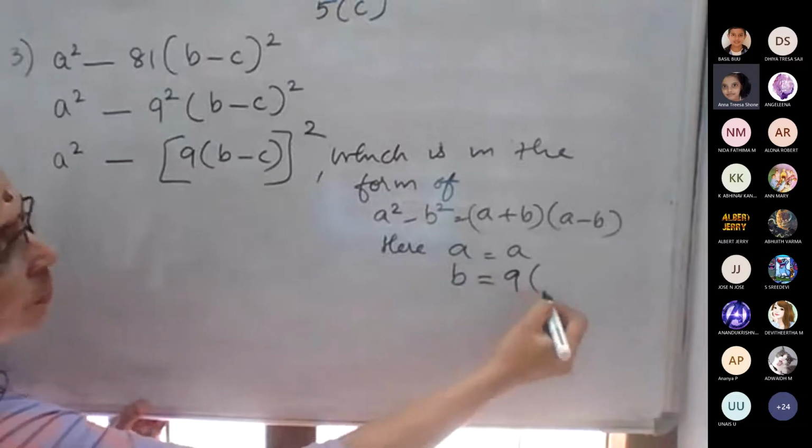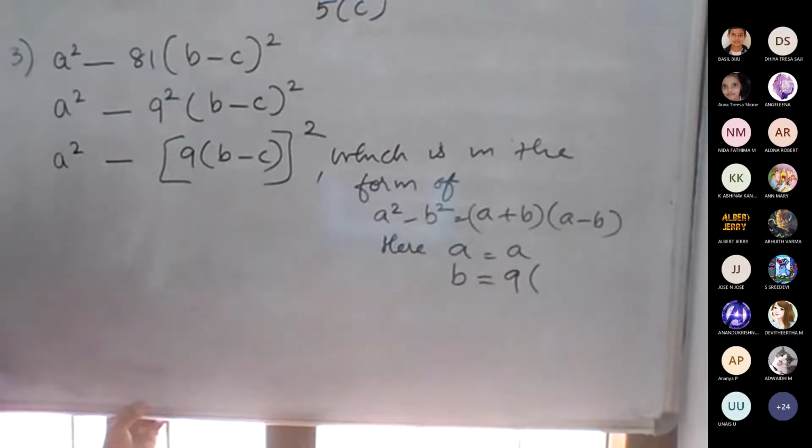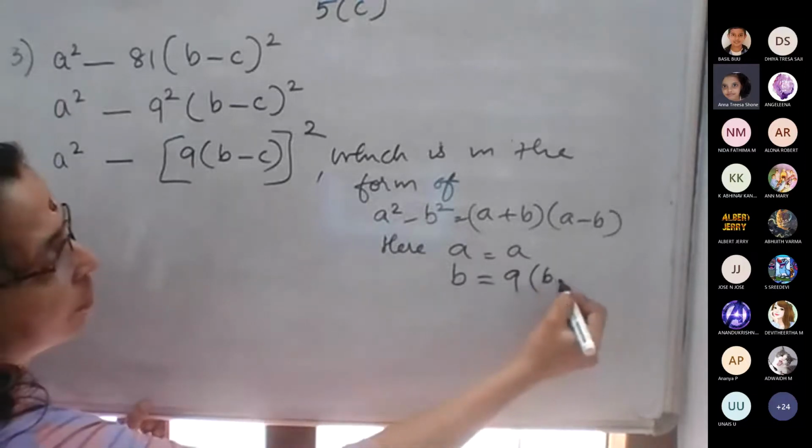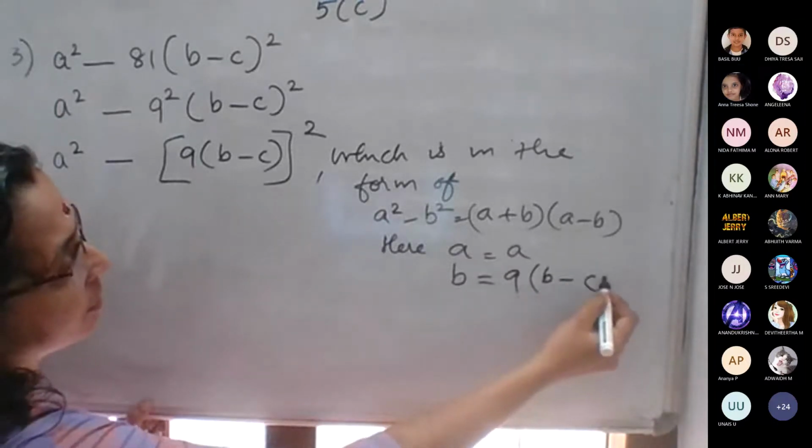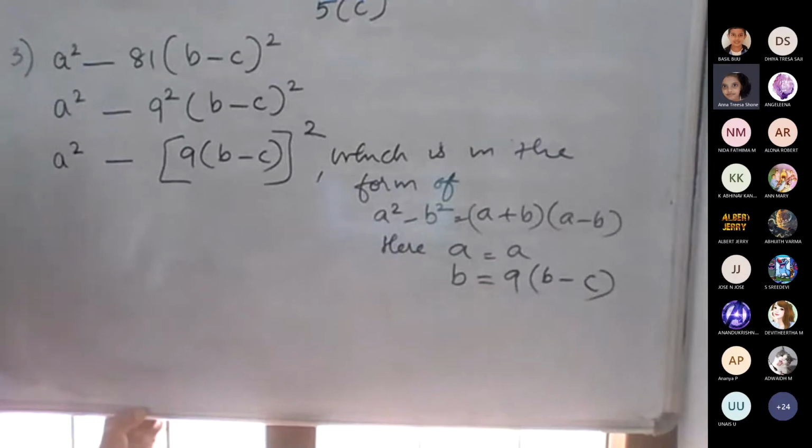Is there any whole square there? 9 into (b minus c) only. Anyone have any doubt? No, ma'am. Okay, write it up to this. Then after that, solve it: a plus b into a minus b.